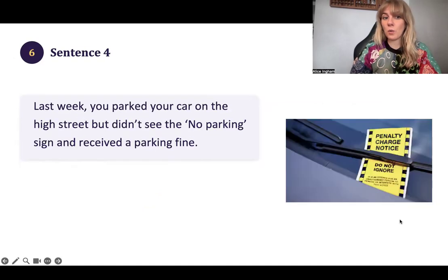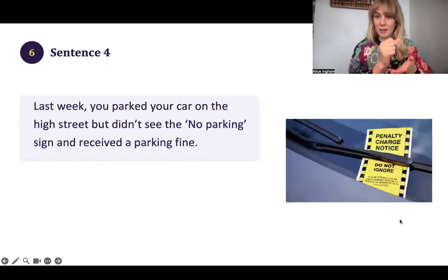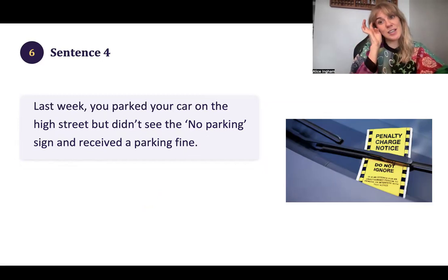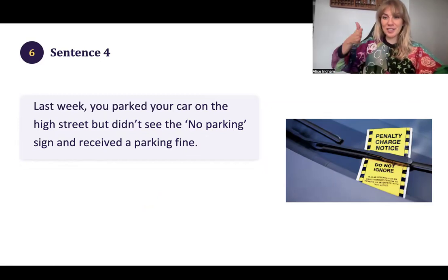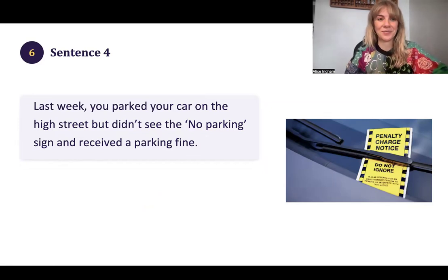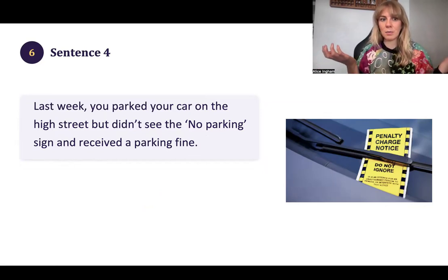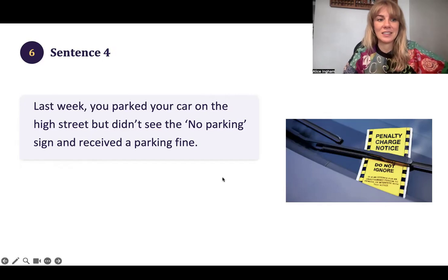If you want, you can pause the video and you can write your own answers and then play and see if they're the same. Some of these, there might be more than one answer. You can use different verbs, but the structure is what's important. Okay. Last week, you parked your car on the high street, but didn't see the no parking sign and received a fine, a parking fine.